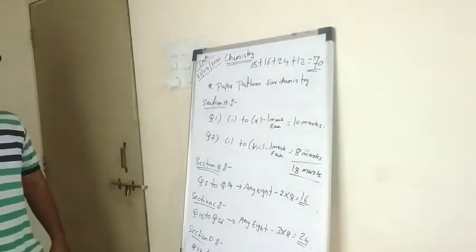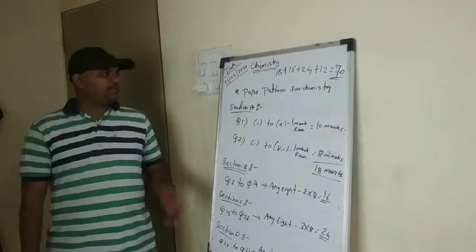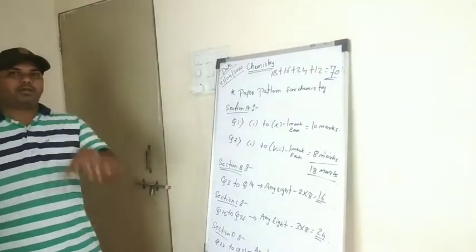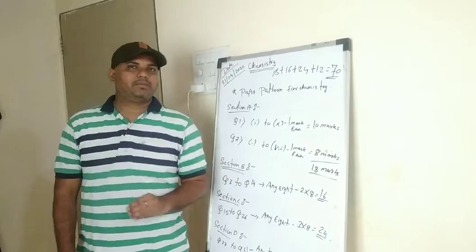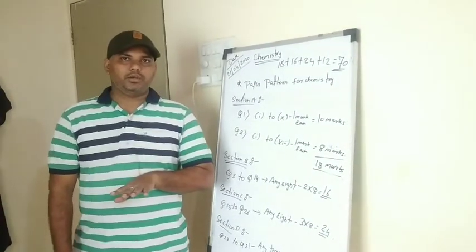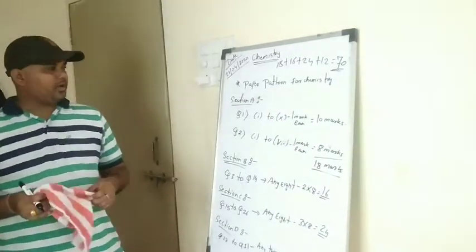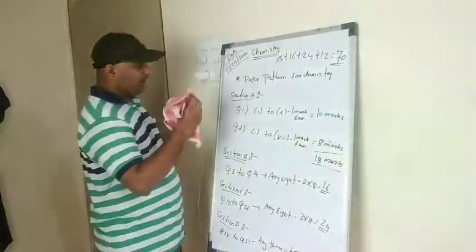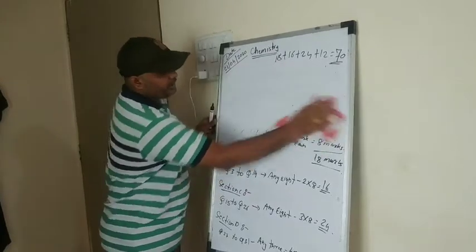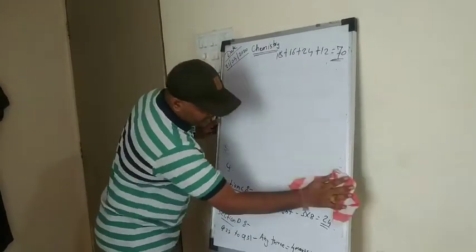So this is our paper pattern for our chemistry, right? This particular paper pattern is also similar for physics as well as for biology. But regarding mathematics, you have to confirm with your mathematics teacher whether the paper pattern is the same or different. Okay, now let's move ahead.